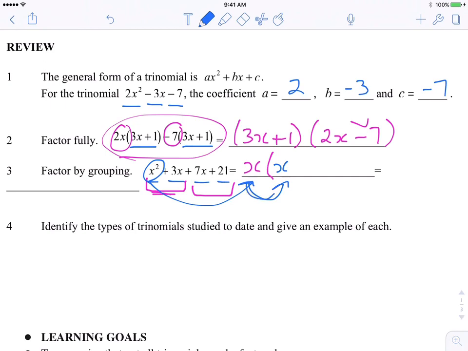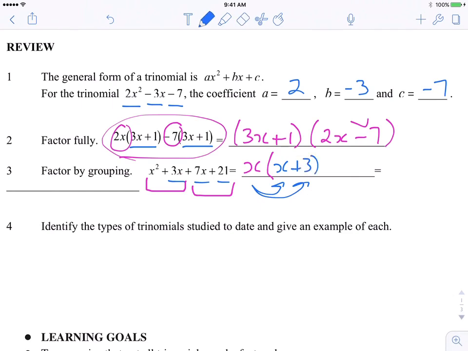So x times something is x squared, or I can take my x squared here and divide it by the GCF to find out what goes inside the bracket. Let me erase that for some clarity. Okay, so x times x will get me x squared, and x times what will get me a positive 3x. In this case, it will be plus 3.